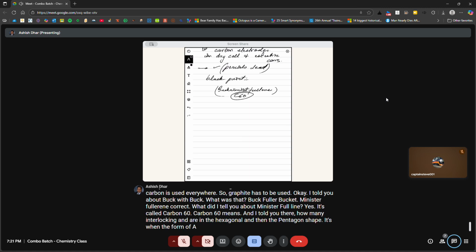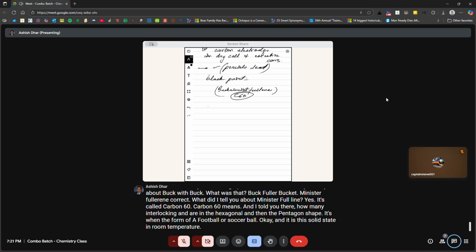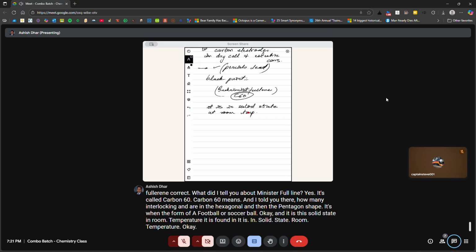It's in the form of a football or a soccer ball. Okay, and it is in solid state at room temperature. Okay, so diamond is extremely hard, whereas graphite is soft.